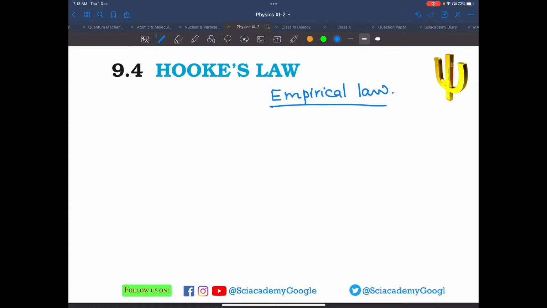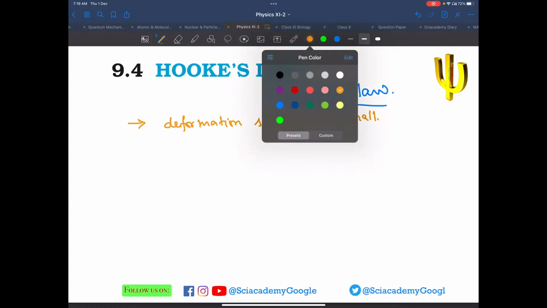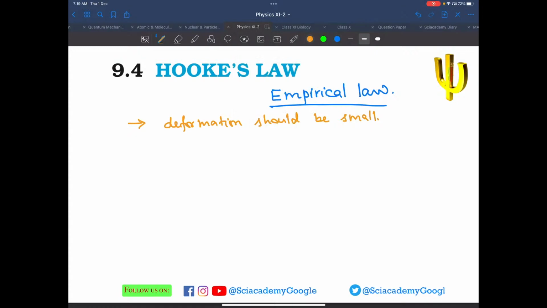So the condition is that the deformation should be small. That means there is some limit of deformation beyond which the body will not be elastic. So we'll study about those things.